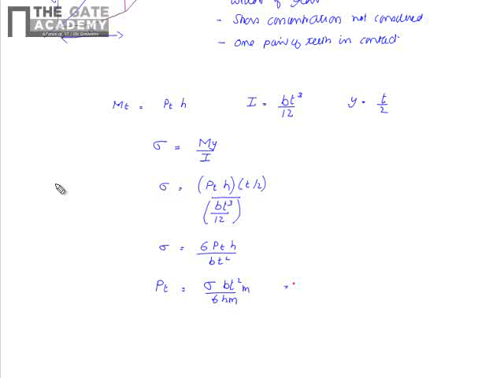Then I take the factor t square by 6hm outside. So I'll be getting m b sigma into t square by 6 m h, and this can be written as m b sigma into capital Y. The capital Y is equal to t square by 6hm. This is called the Lewis form factor.